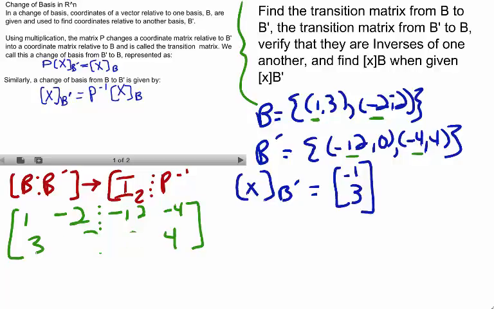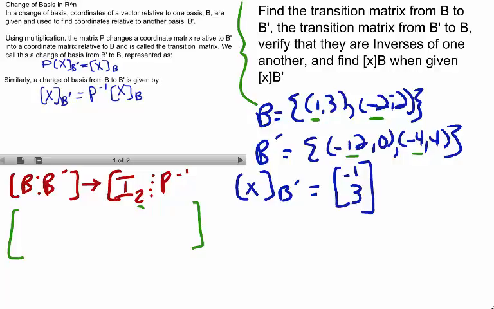Let me go back and make one adjustment. Since our transition matrix is from B to B', although it seems counterintuitive, we actually need to put our matrix B' first.